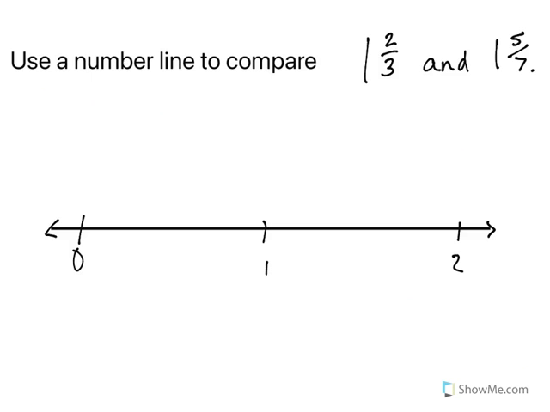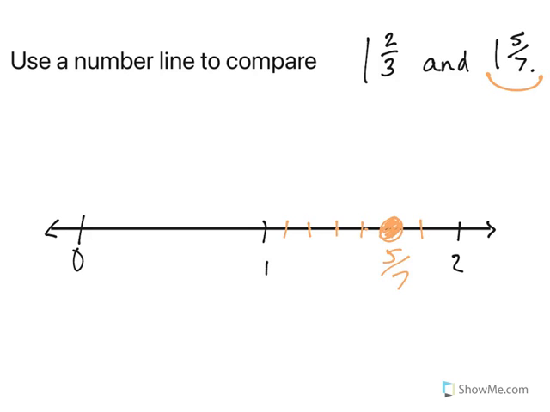1 2/3 and 1 5/7. I'm going to start here with the sevenths because that sounds difficult for me to break this up. So I've got 1, 2, 3, 4, 5. Nope, that was not good. Let me restart. 1, 2, 3, 4, 5, 6, 7. Okay, that's pretty close. So 1, 2, 3, 4. This would be 5/7.